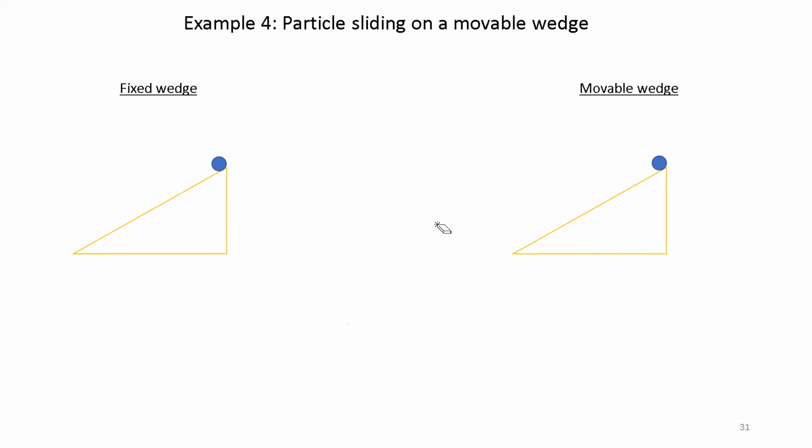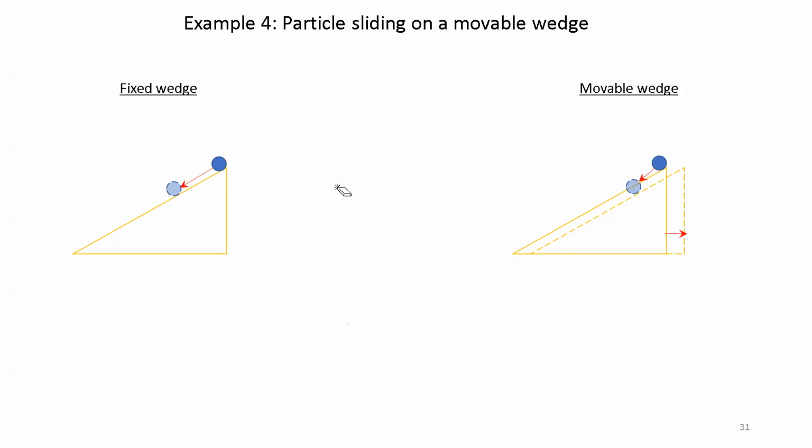Let me show you again. The fixed wedge, after some time, just goes like here. If it's a movable wedge, after some time, it goes like this. So this wedge moves a little bit to the right. This particle actually slides down, but it's always touching the wedge, so it actually goes down a steeper slope compared to this one.